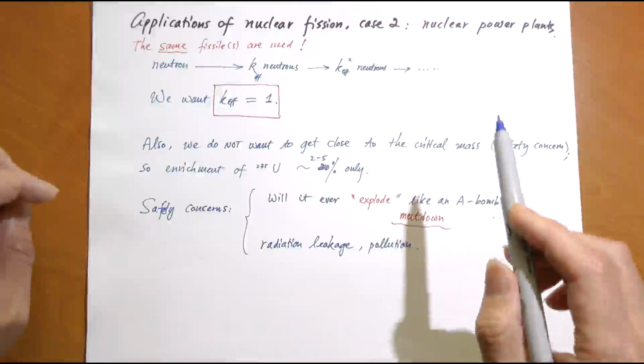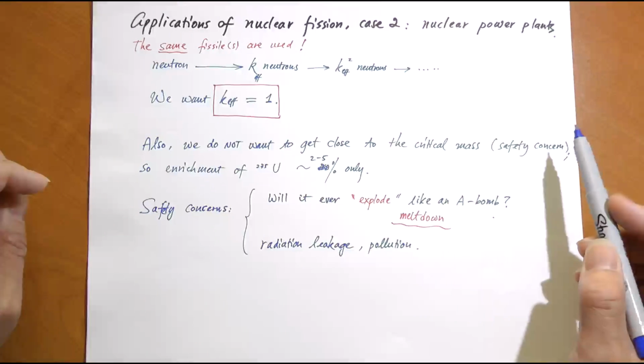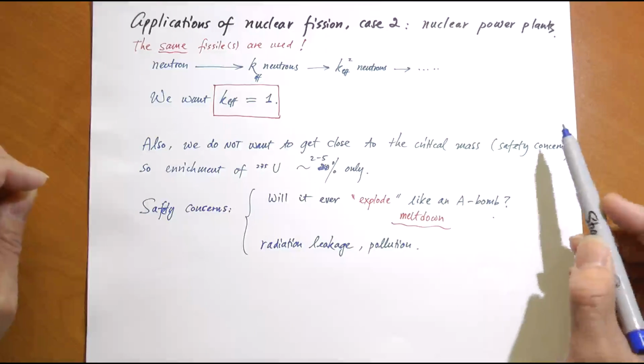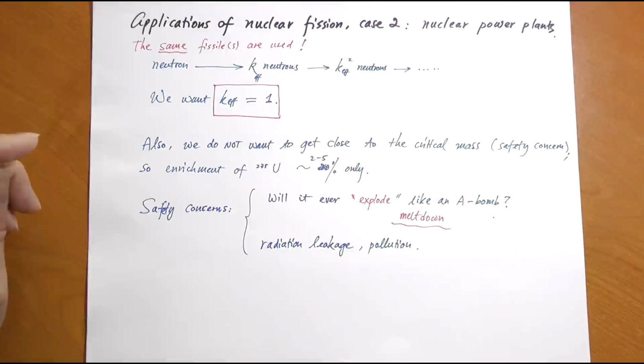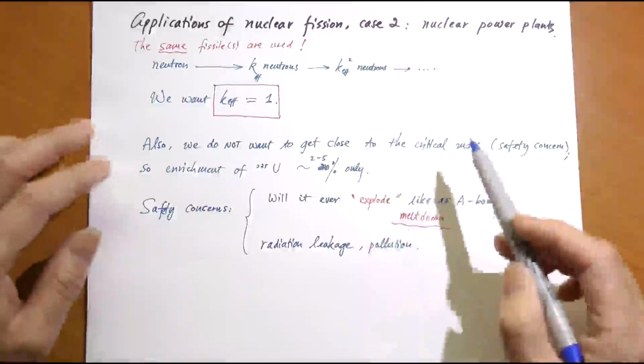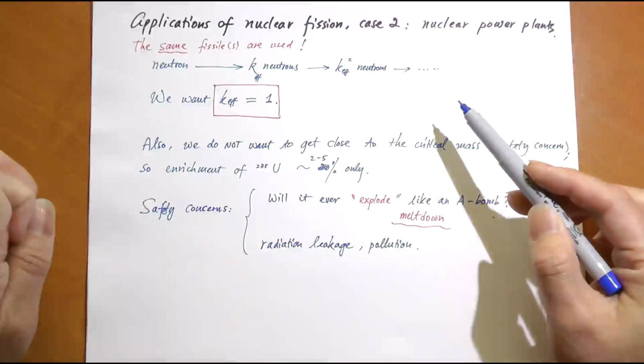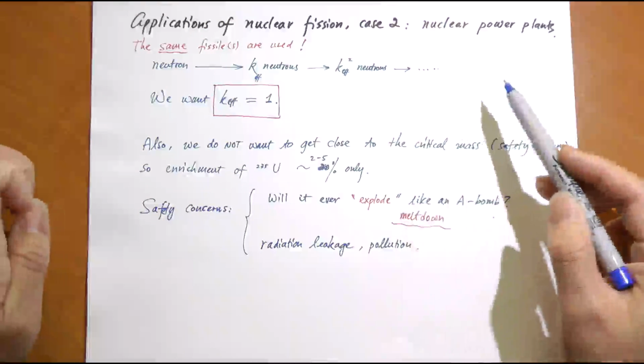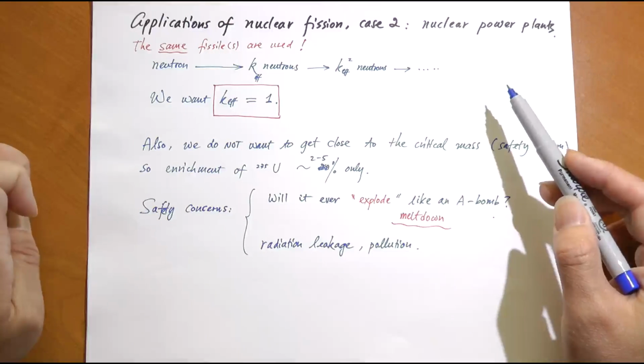accident. The problem with accidents in nuclear power plants, and we'll see more details in a bit, is that you are unable to control this process so that K effective can be greater than 1, even if you shut it down, so no new power is produced that way.